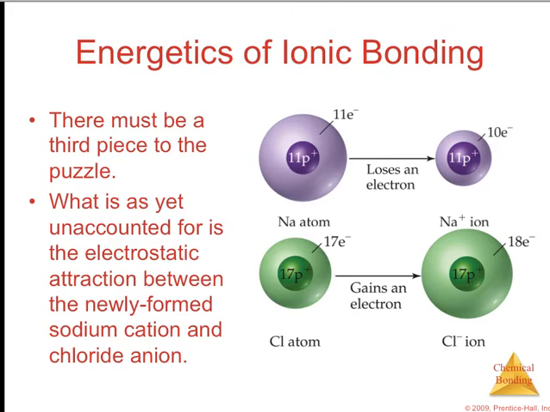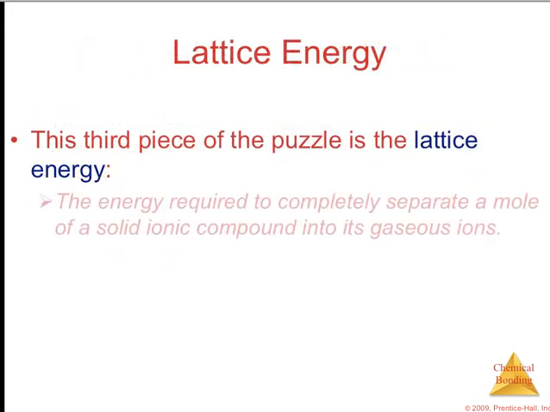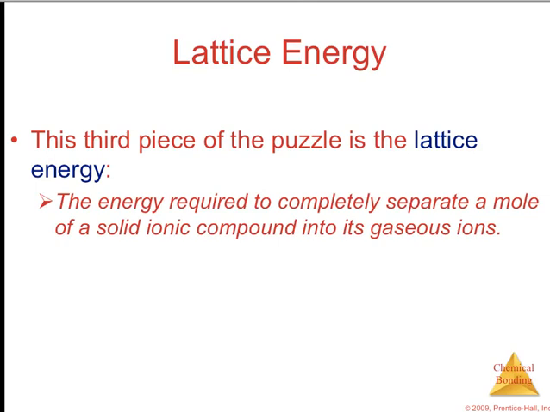That's really what we call the lattice energy. It's the energy required to completely separate a mole of solid ionic compound into its gaseous ions. And that's almost always how they experimentally determine a bond energy, by breaking things apart. How much energy does it take to break that bond?